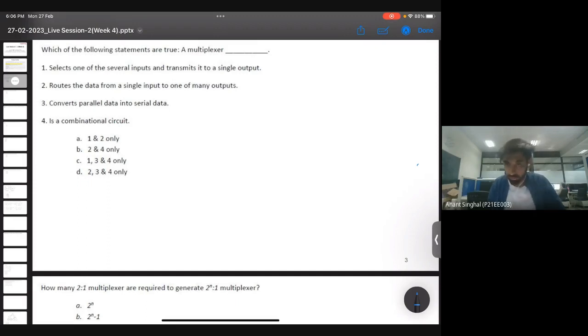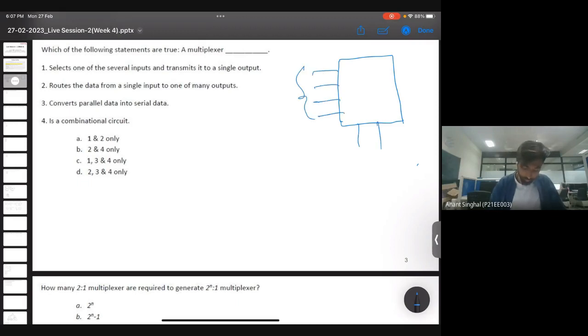Okay, someone has answered C. So let's see. A multiplexer is nothing but a parallel to serial converter. We have a few select lines, and a number of multiple inputs, and a mux converts those multiple inputs into a single output.